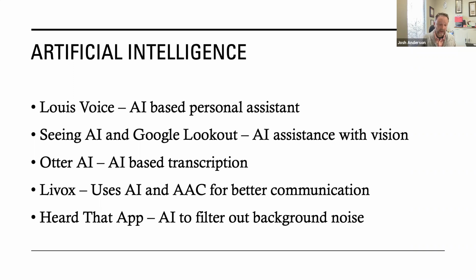Not everything's fully accessible. It takes a lot of work to get done what you want to get done. So he created Louis Voice, named after Louis Braille, in order to make it more intuitive, where I can just tell my phone what I want, and it works really well with TalkBack.